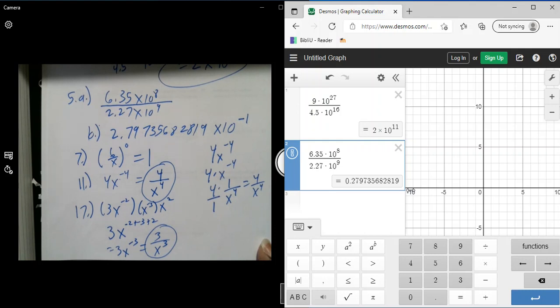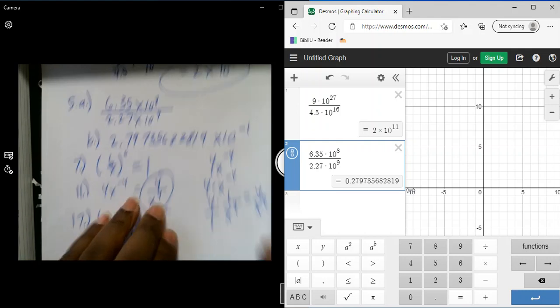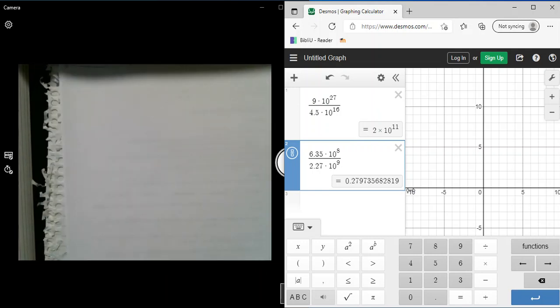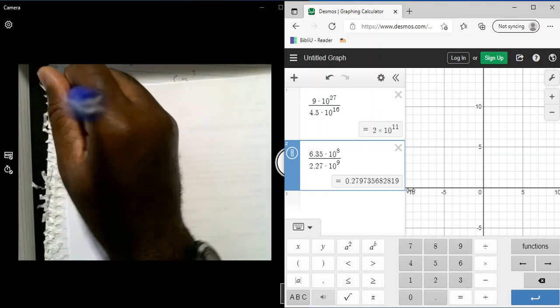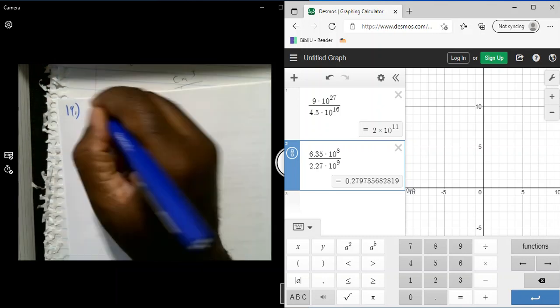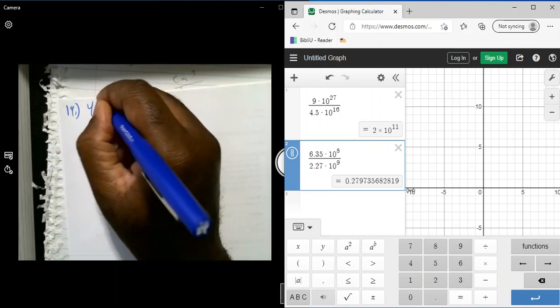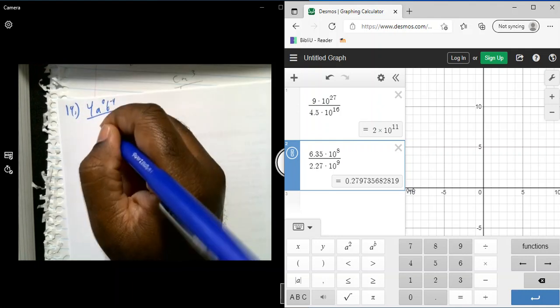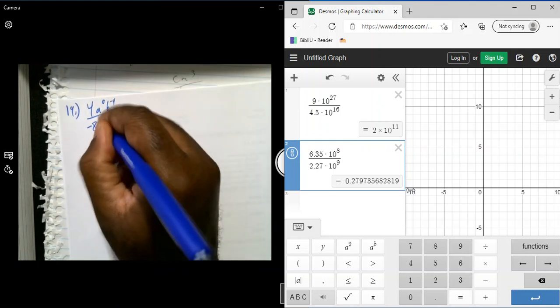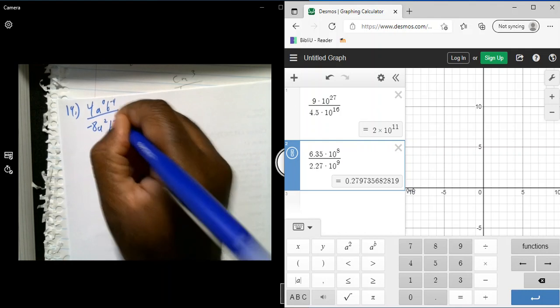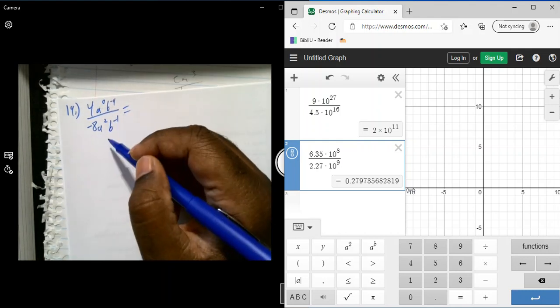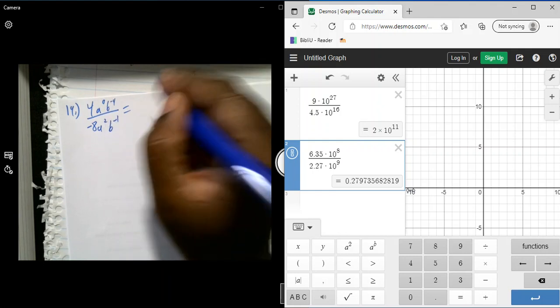Now, our last problem would be problem 19. Problem 19, we have 4, a to the 0, b to the negative 4, all over negative 8, a squared, b to the negative 1. Now, like I told you all before, I would kind of separate this.